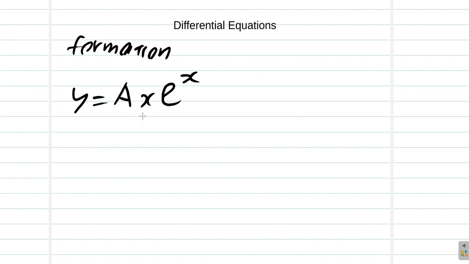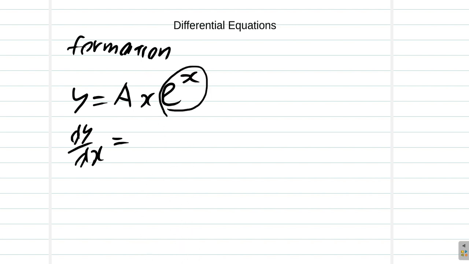Now, suppose we say dy by dx equals. Alright, we have two functions of x here, so we can use the product rule. We have ax and we have e to the x.